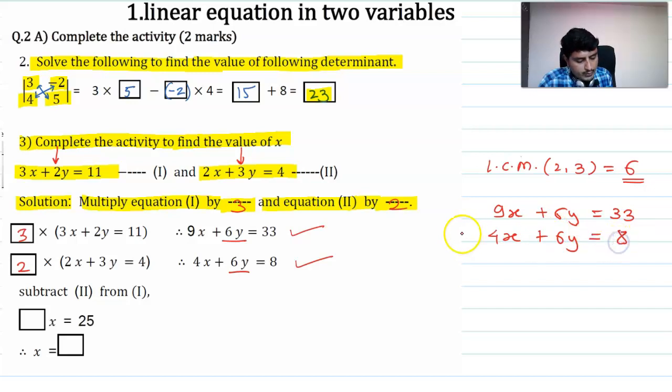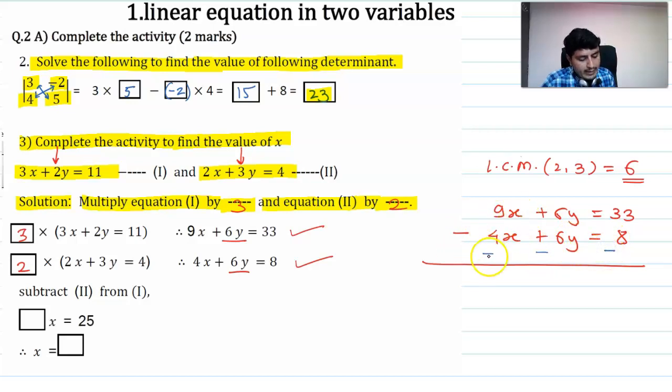Now once we are doing the subtraction over here, due to the middle sign being minus, all signs change from plus to minus, minus to plus. That means plus minus we have now minus 4, plus minus we have now minus 6, and plus minus we have minus 8.